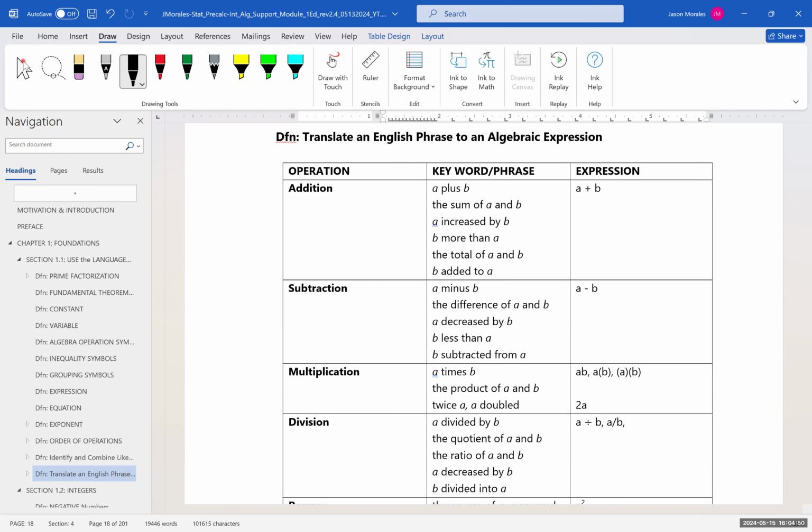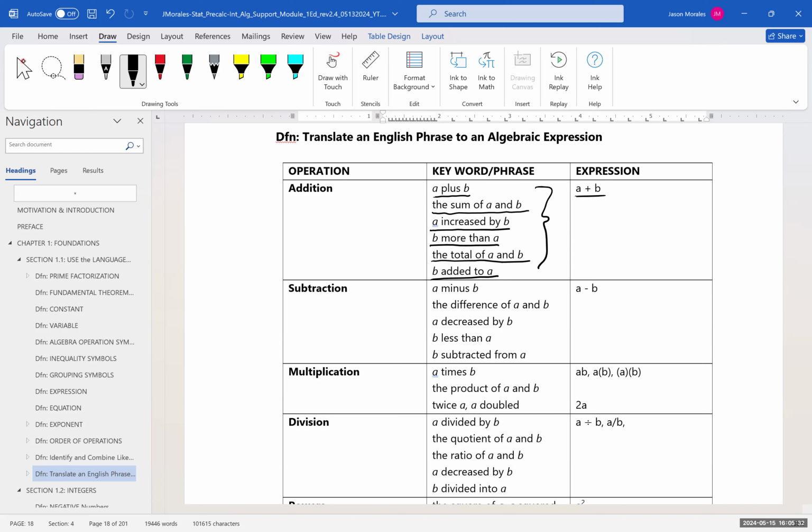So, for example, it would be nice if all word problems simply said to add two numbers, a plus b, and so you'd write a plus b. But another way of writing mathematically a plus b would be to say things like the sum of a and b, or a increased by b, or b more than a, or the total of a and b, or b added to a.